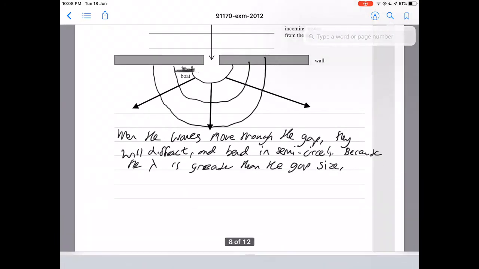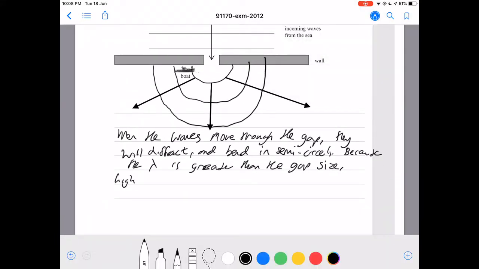Lambda is greater than the gap size, so a high amount of diffraction will occur. Therefore, there will be a high amount of diffraction that is occurring.